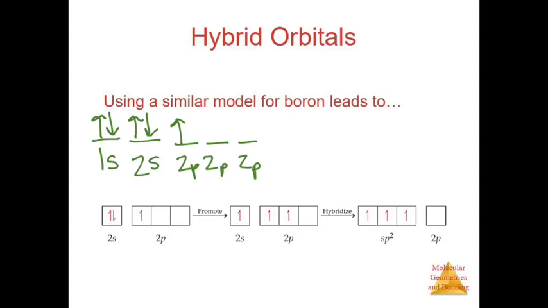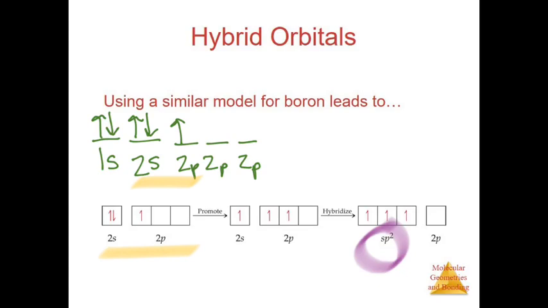That 1st energy level is full, it's stable, and it's going to stay that way. Coming to the bottom, we see our 2s and our 2p. We're going to promote one of the electrons out of s, and now we have 3 total electrons, and this hybridization is called sp2.